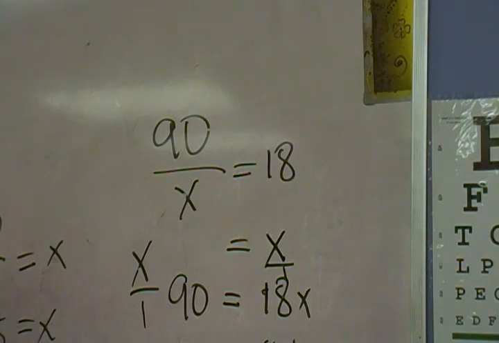We get 90 over 18. 18 goes into 90 five times, so x equals 5, or 5 is equal to x. Anybody can just divide 18 by 9, but the x is the problem, and that's the whole deal.